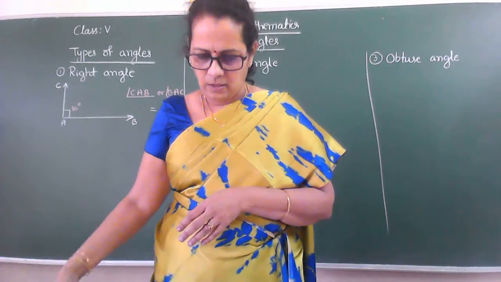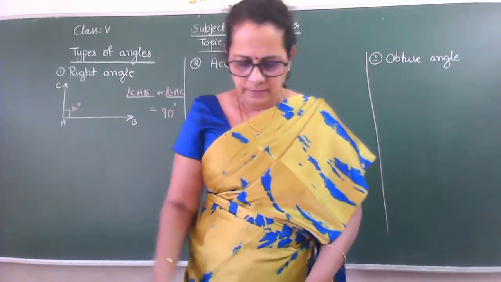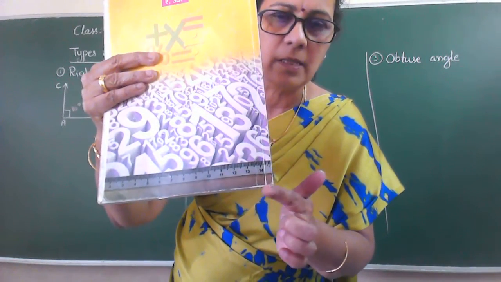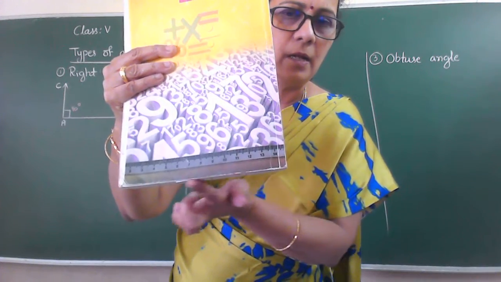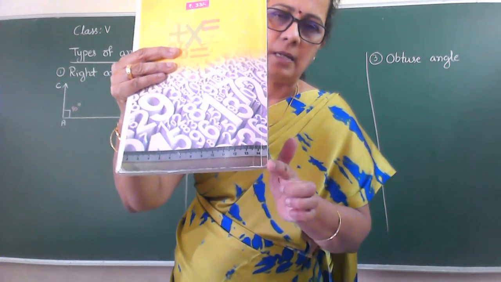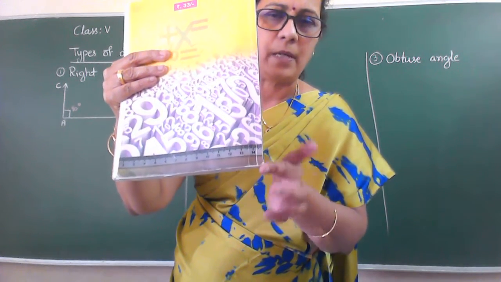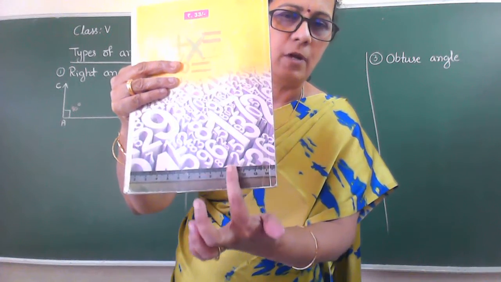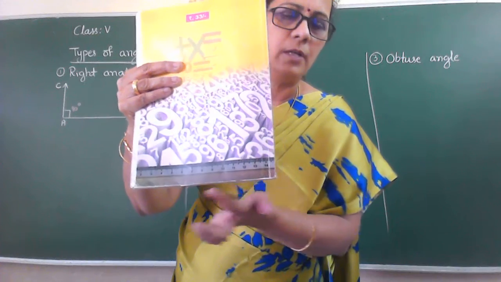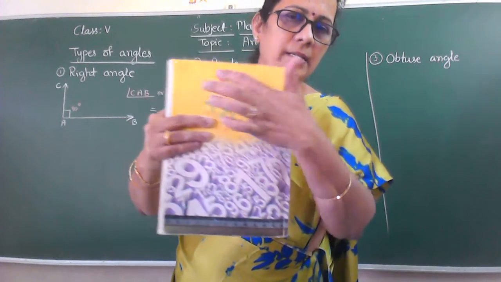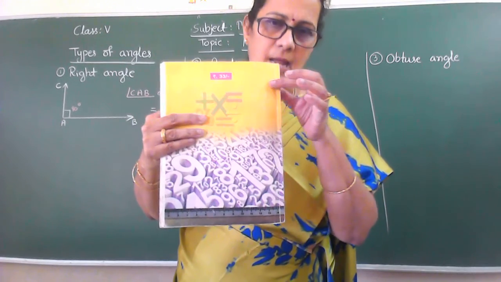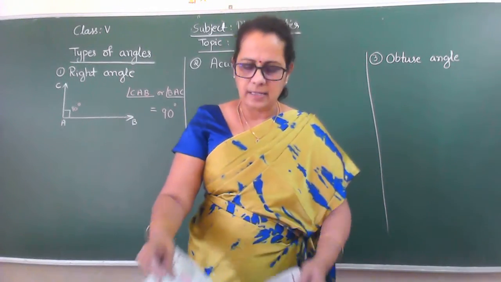Or see the textbook, this straight line is perpendicular to this. This is the base and this is the straight line. So, the angle formed between the corner of the book is what? Right angle, because exactly 90 degree.